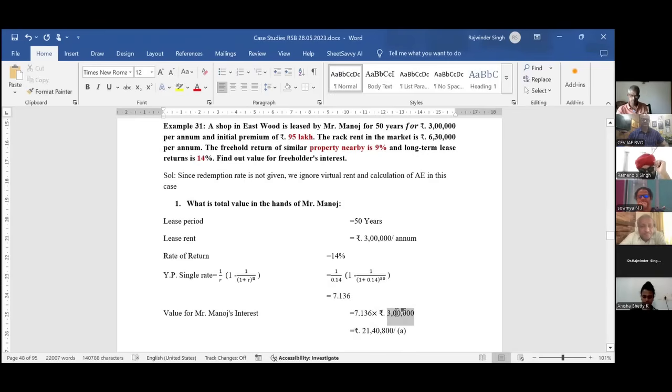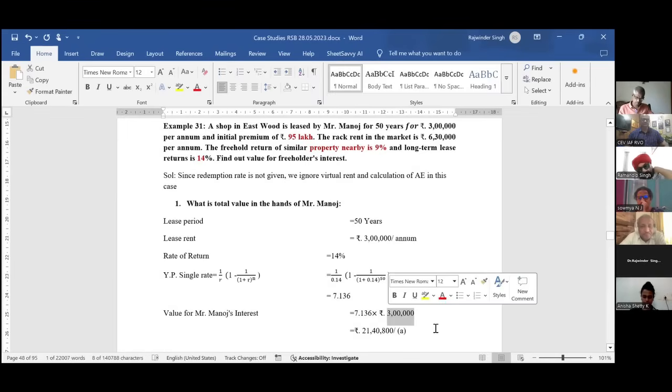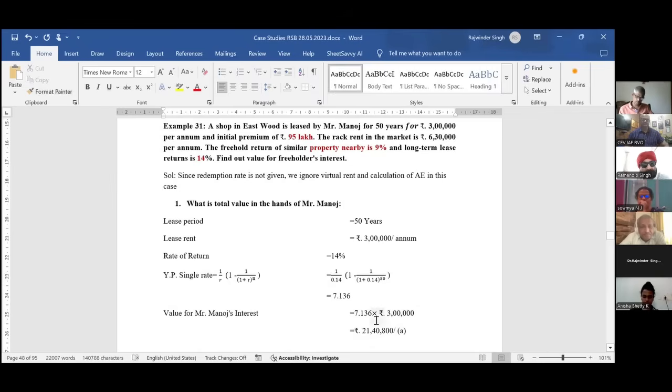He is getting 3 lakh every year. So we have to multiply it with a factor that is 7.136. So what is this 7.136? This is YP single rate. So what is basically YP? See here, I will explain this term YP.